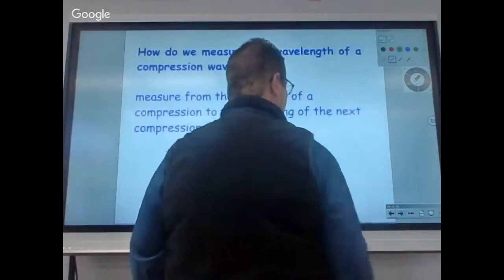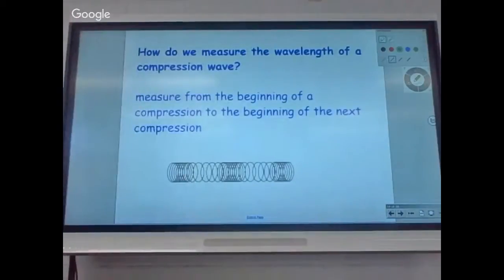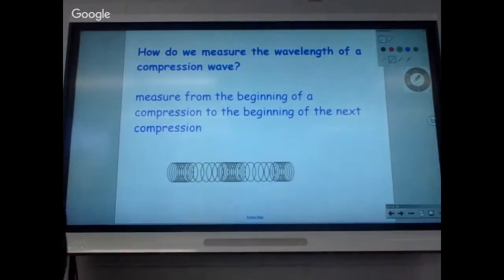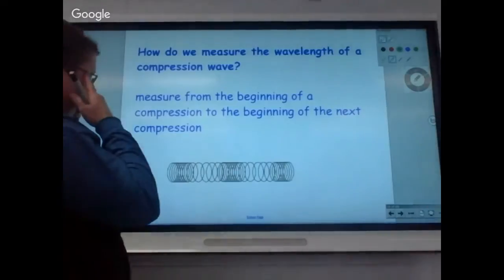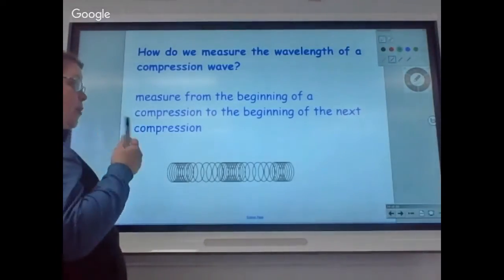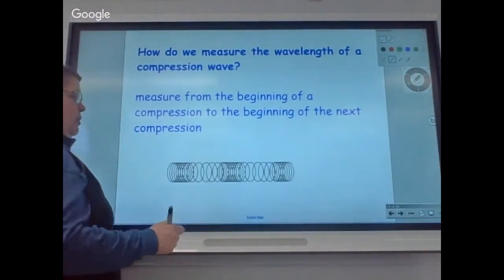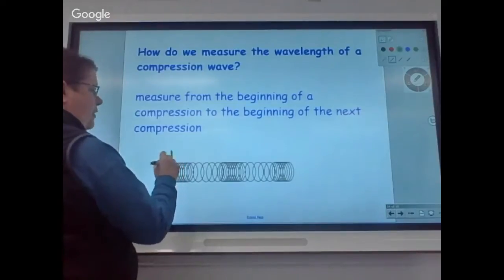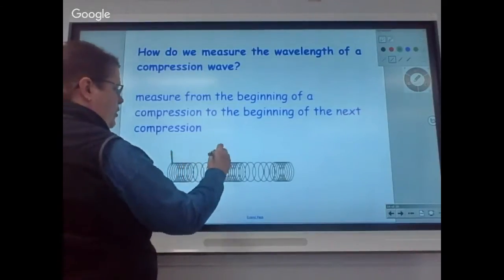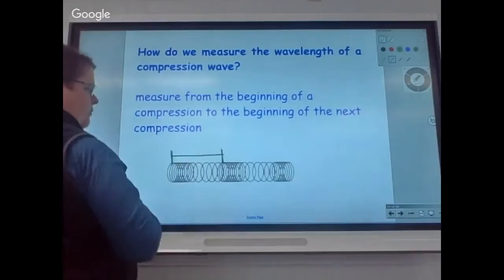Now, in looking at you measuring your wavelengths, some of you were all over the map on that second one. The transverse wave, where you labeled and drew, looked pretty good. But on the compression wave, you can pick any point. They just have to match the point you go to. If you pick the front of the compression, you go to the front of the compression.